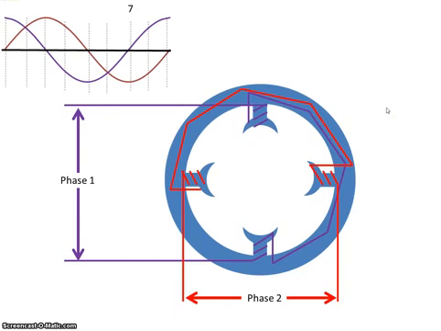At time 7, the current through phase 1 will be 0, so no flux lines in this direction. Through phase 2 it will be at a maximum, but in the opposite direction, so our flux lines are going to run in this direction.